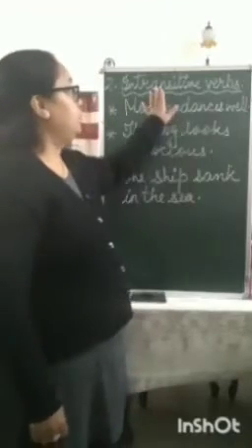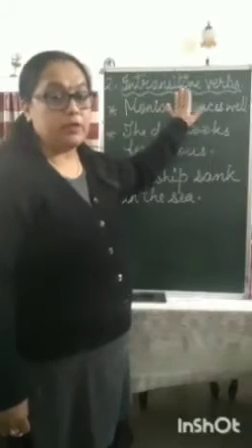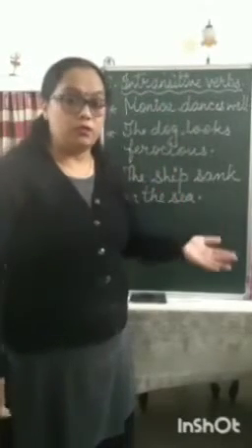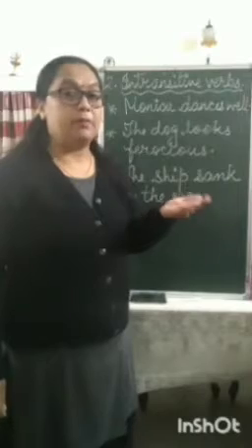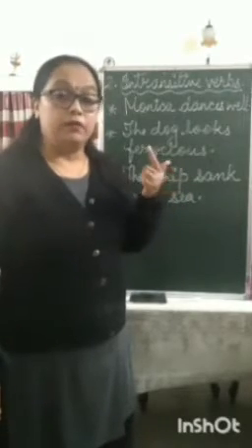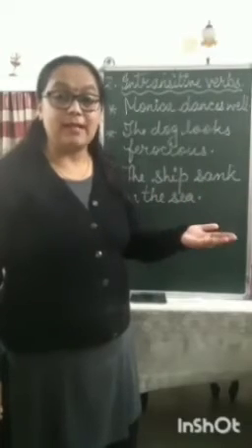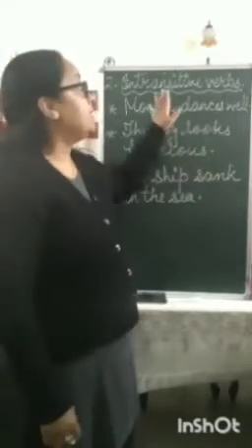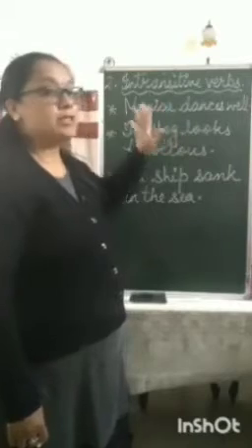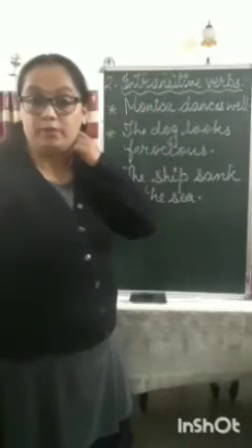The second kind of verb is intransitive verbs. Intransitive is the opposite of what transitive verbs were. Remember, in transitive verbs, a verb requires an object to make its sense complete, whereas an intransitive verb does not require any kind of object.